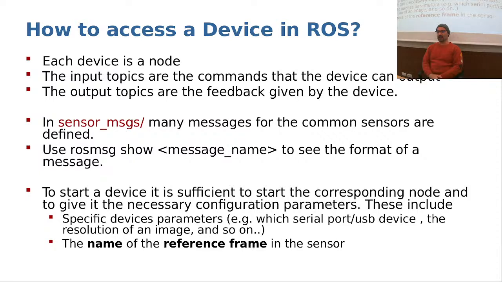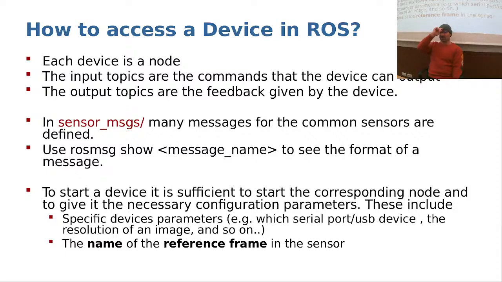If you want to see classical sensor messages, they are defined in the package sensor_msgs. You can do rosmsg show sensor_msgs, whatever, and then you find the data contained in the message. If you go into the directory of the message definition, you will also be able to see the source with further explanation on the messages themselves.